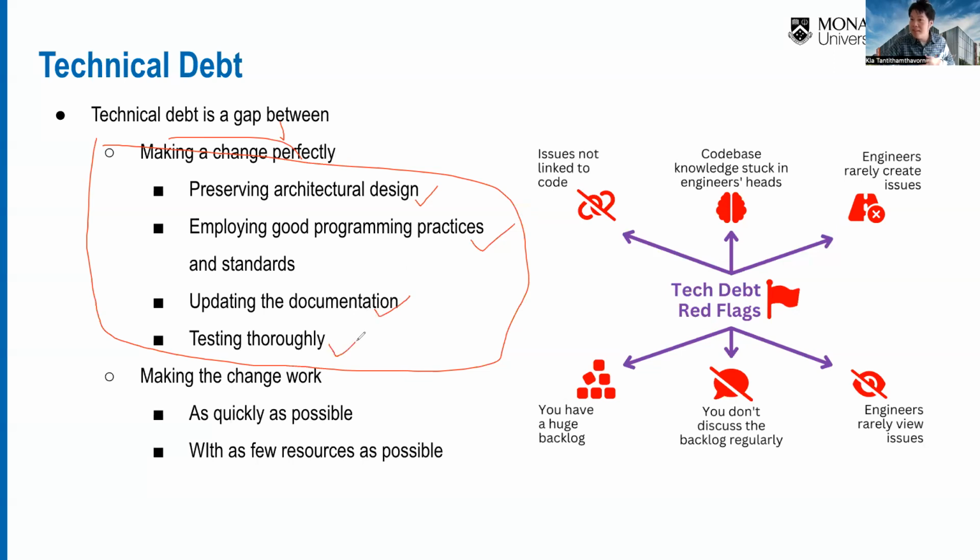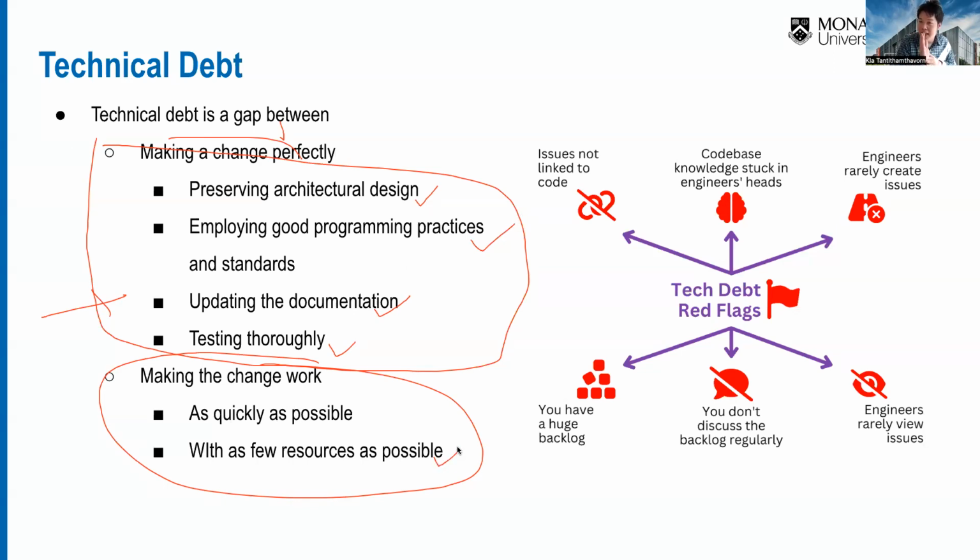It takes a lot of time and effort, right? Or instead of doing this, you can just make the change work. That's like a dirty approach: if you find bugs, you fix them as quickly as possible with as few resources as possible.